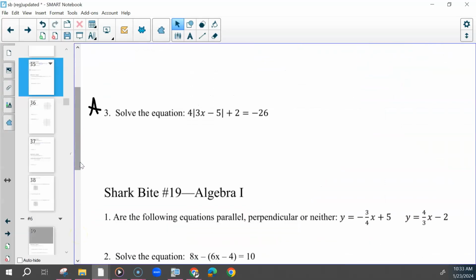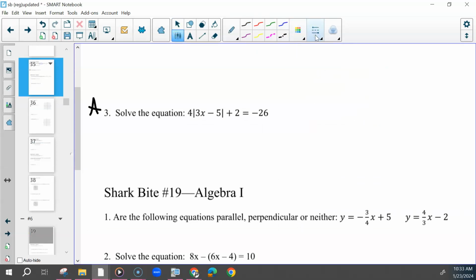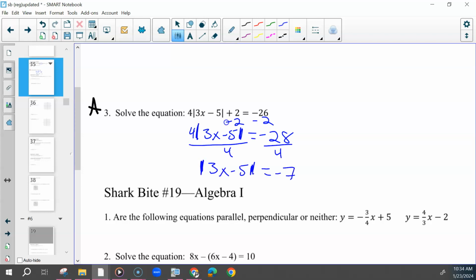Okay. Number 3, if we are solving this, you would try to isolate the absolute value first, subtract the 2, guys focus, divide everything by 4, and at this step, we cannot do anything else because we can't have an isolated absolute value that equals a negative. So no solution.